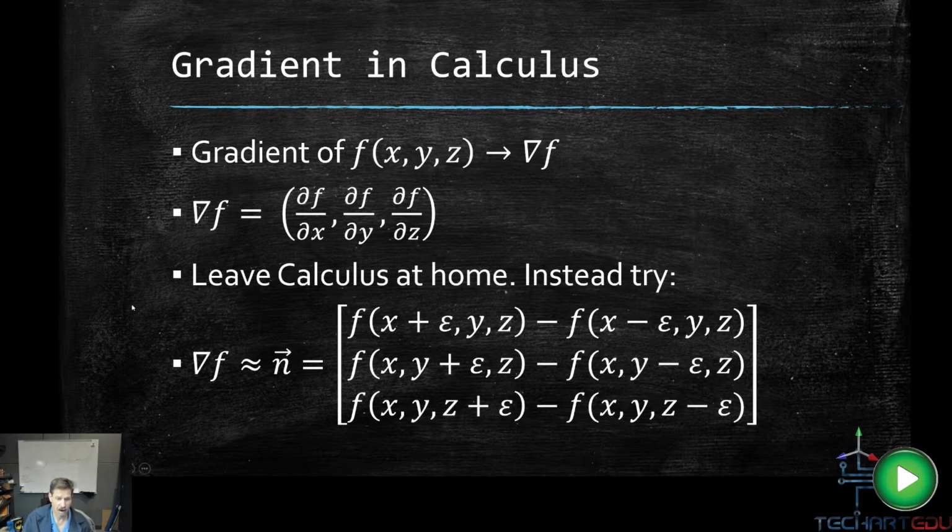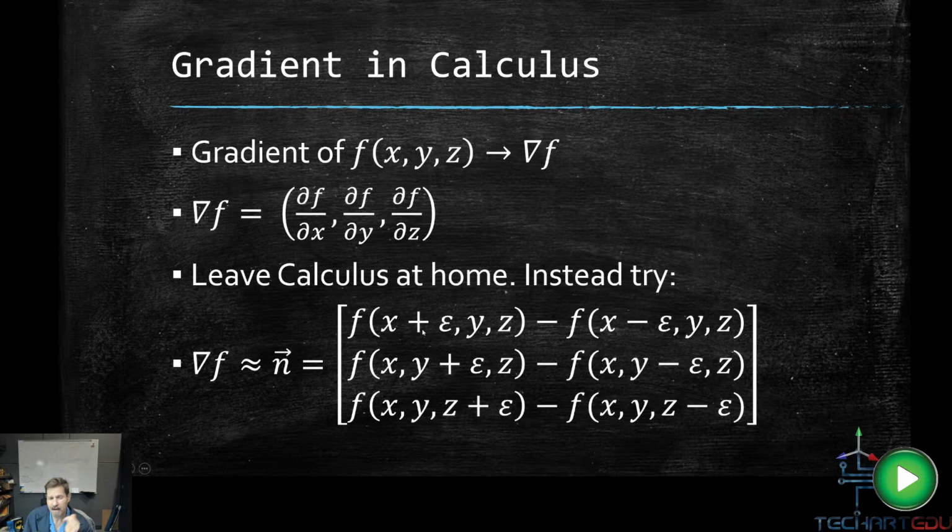And so our normal is an approximation of f of x, y, and z. Here it is, f of x, y, z minus f of x, y, z. But notice, when we're doing the actual x component, we're going to add some kind of small number. We're going to call that number epsilon.